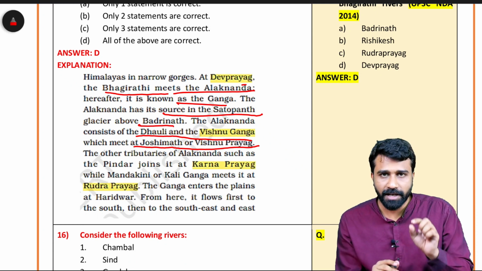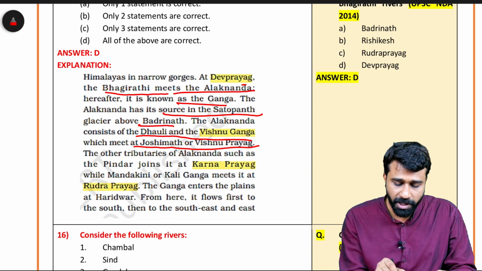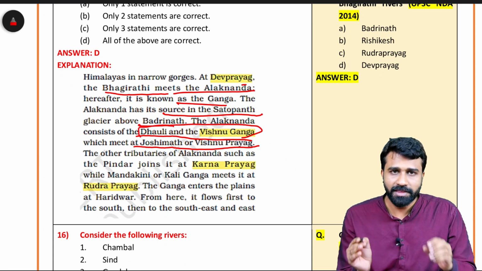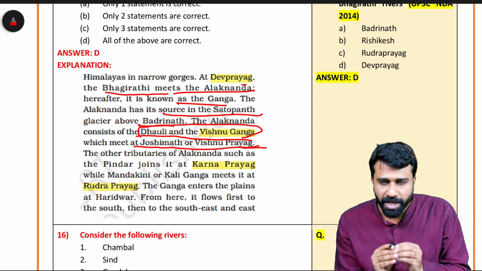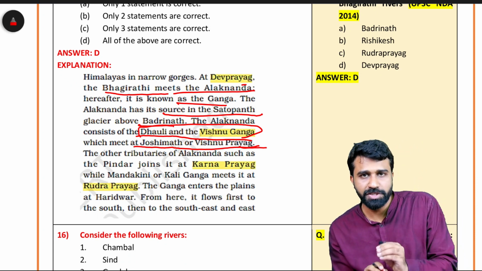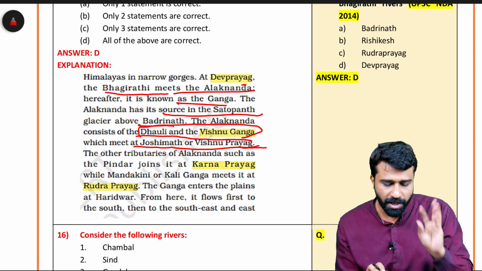Alakananda is formed out of this Dhauli and Vishnu Ganga. Simply, they merge at Joshimath or Vishnuprayag, and by merging at Vishnuprayag you find the genesis of Alakananda.